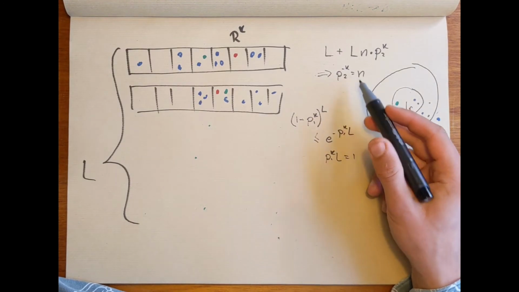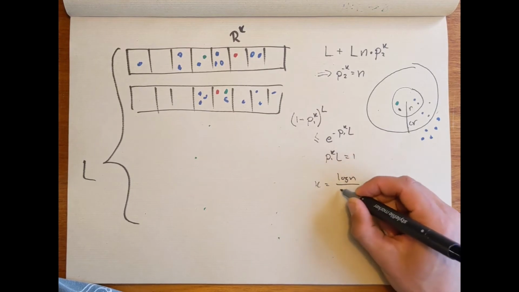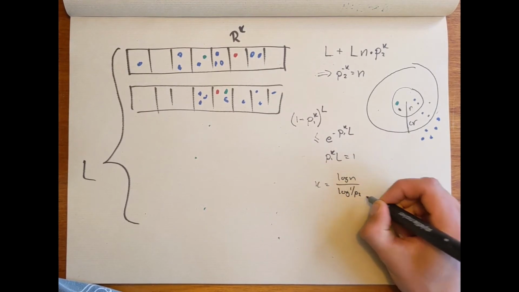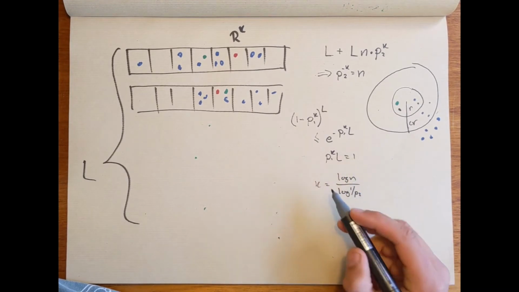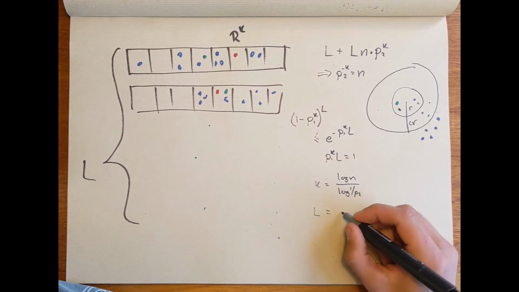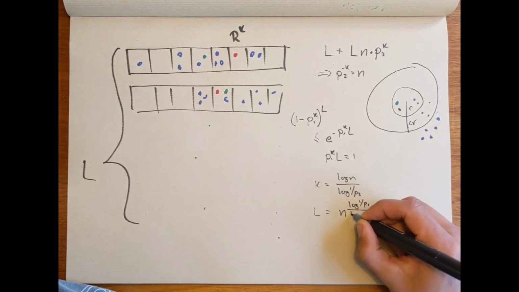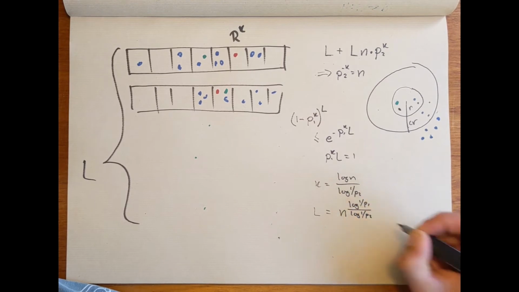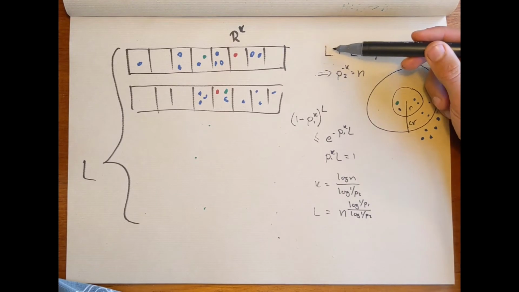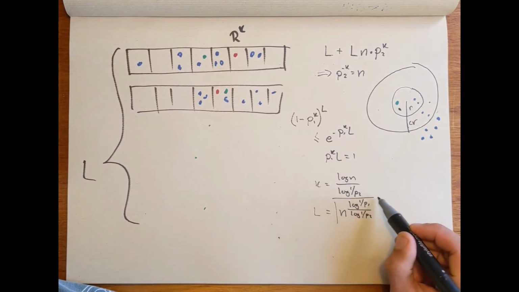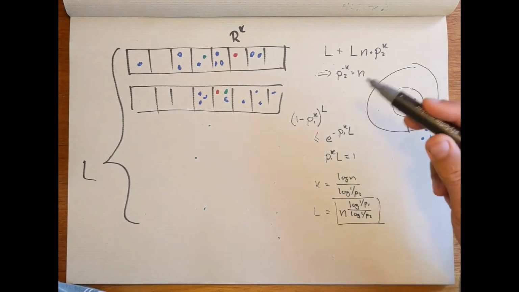So from this one up here, we see we should choose K to be log n over log 1 over P2. If we then insert that here, and move P1 to the other side, we're going to end up with L equal to n to the log 1 over P1 divided by log 1 over P2. And remember that we put these two terms equal, so this value here is actually the expected work that our algorithm is going to take for each query.